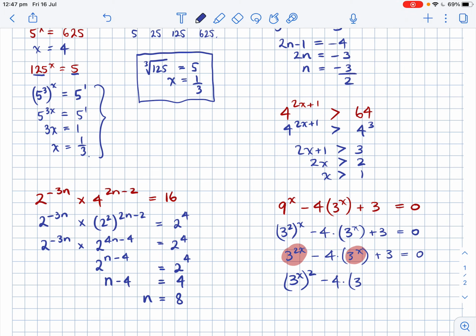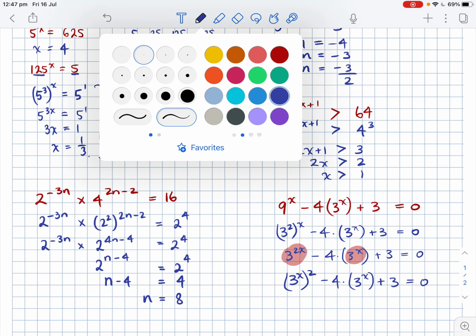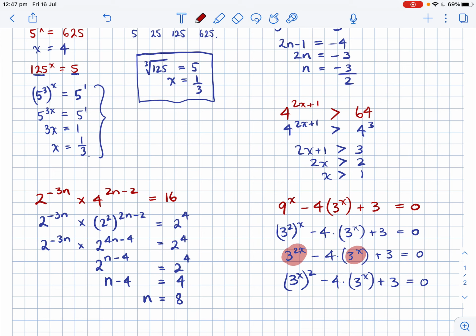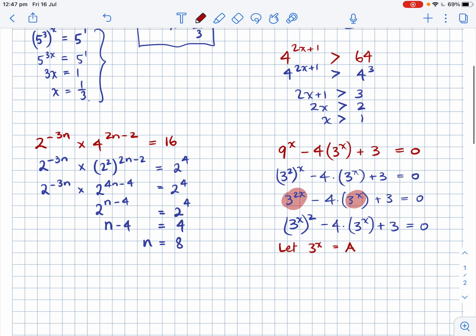And this second one is still 3 to the power of x plus 3 equals 0. And I hope by making that change, what you might spot is that this is a quadratic equation. And if I let 3 to the power of x equal a instead, it's really easy to see that quadratic equation.